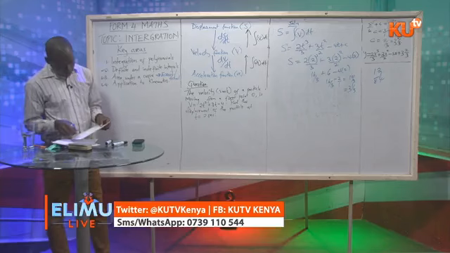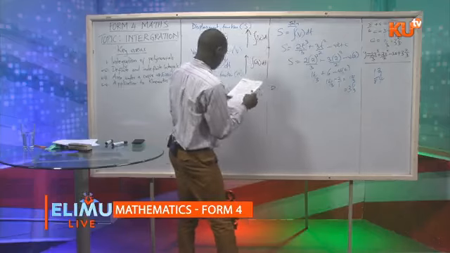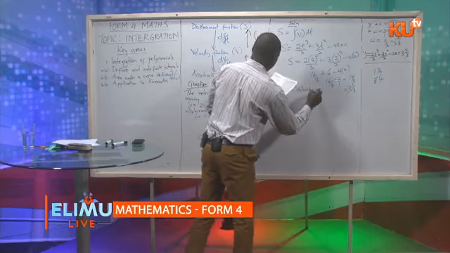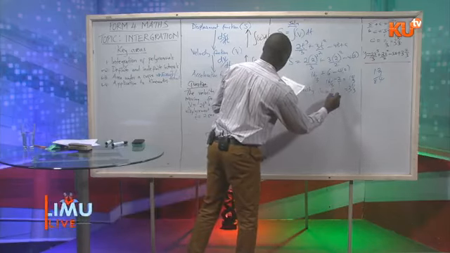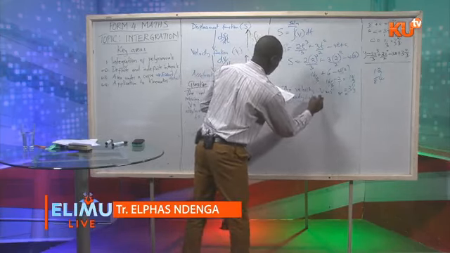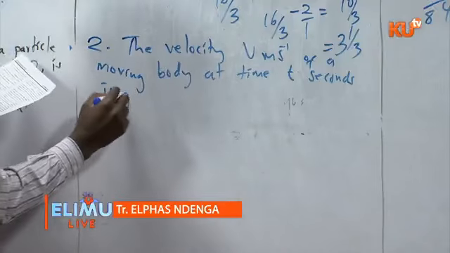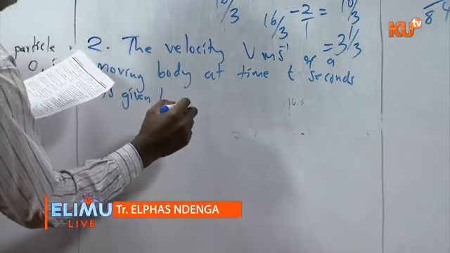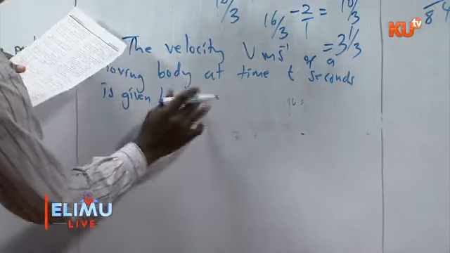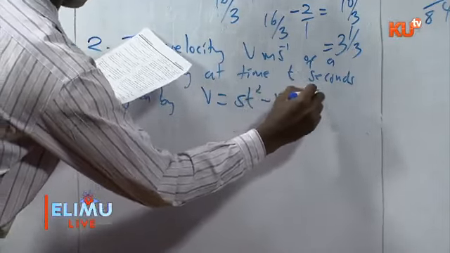Now again you can have this case, number two, where you are told that the velocity v meters per second of a moving body at time t seconds is given by v equals 5t squared minus 12t plus 7.